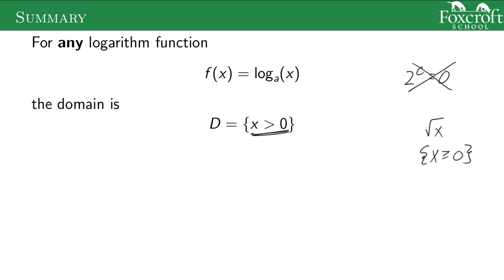But notice with square roots, you can do 0, the equal sign's there. Logs, you can't. So logs, you can only put in positive numbers. You can't put in 0 or negative numbers. If there's one thing you remember from this video, just remember that if you have a log and there's some negative number in here, that's just not possible. That's the most important thing from this video to remember.